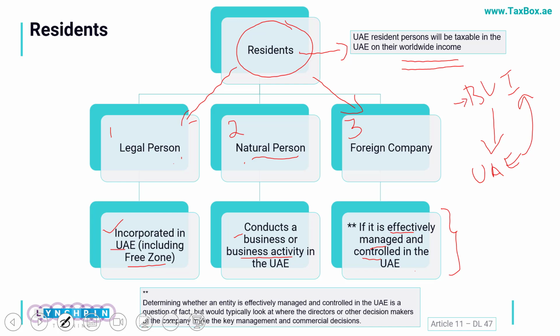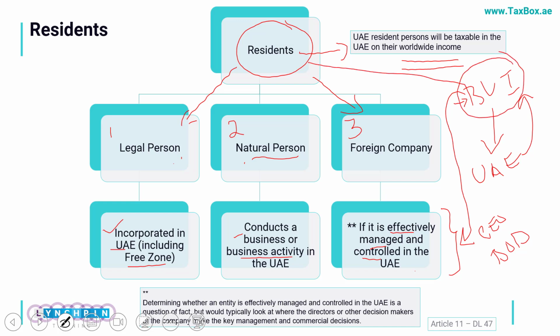The interesting area is that all the decision makers are sitting in UAE: the board members, the CEO, all of them are doing activities from within UAE. In such a scenario, this BVI company would also be considered as resident, and indirectly all its global income would be taxed within UAE.